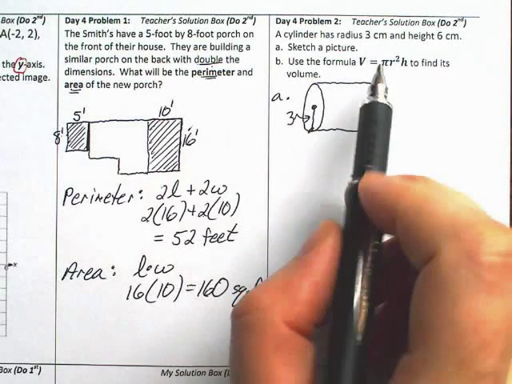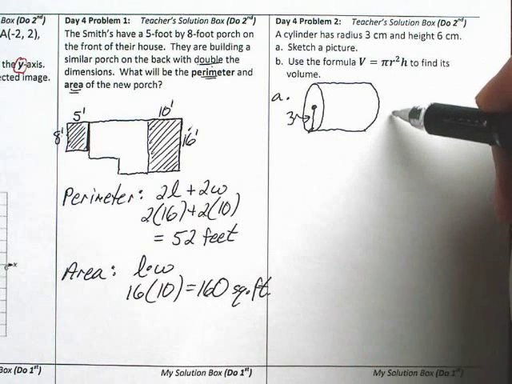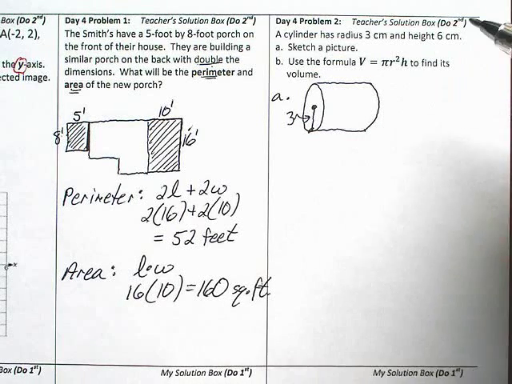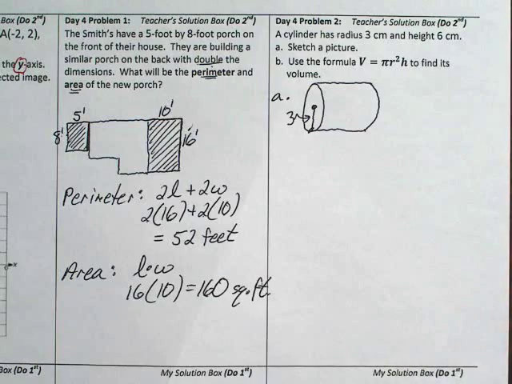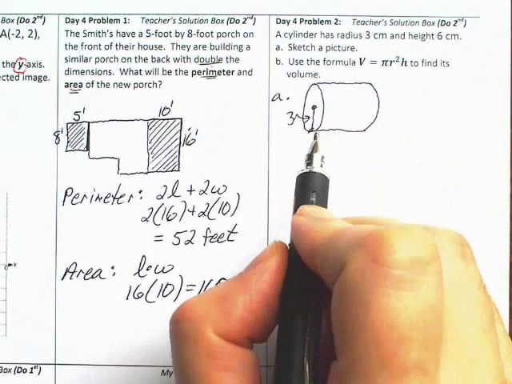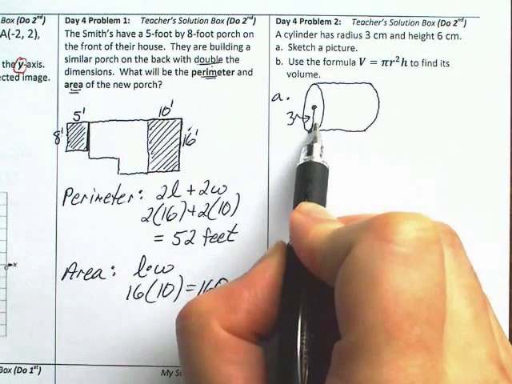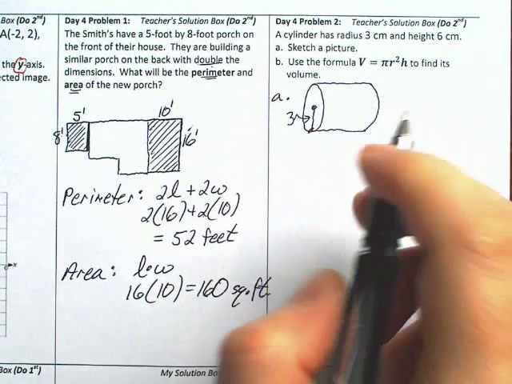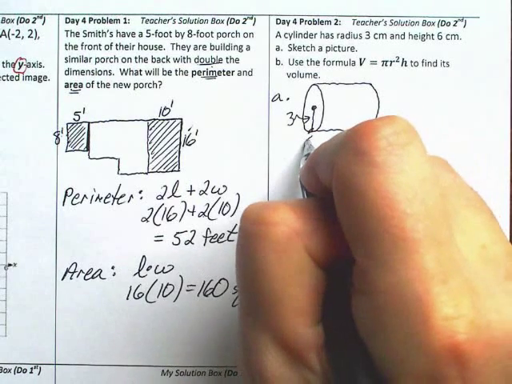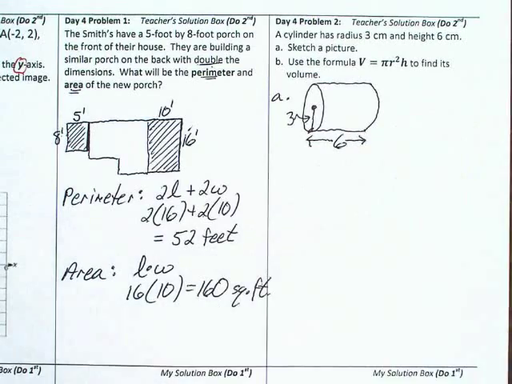I usually draw the cylinder standing upright, where the segment going up the side would be the height of the cylinder. But if you tip the cylinder over, then the height of the cylinder, which still has to refer to the distance between one of the circular bases and the other circular base, is now this distance. So here is the height of the cylinder.